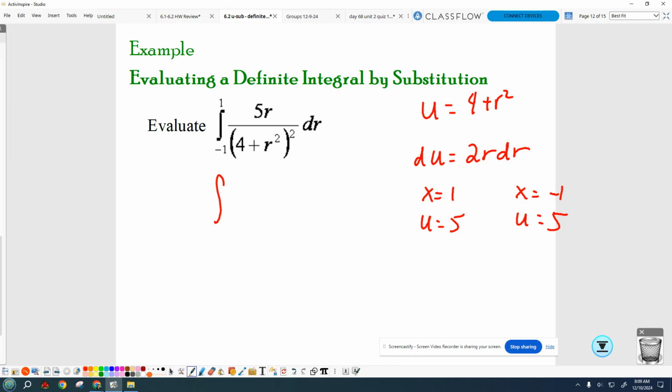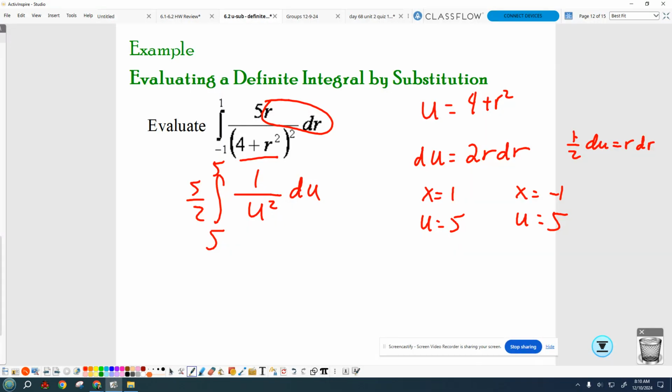Okay, so I hear a number of you said just 0. So this becomes U squared, and then I'm going to put the 5 out front, and it translates to 1/2 du.